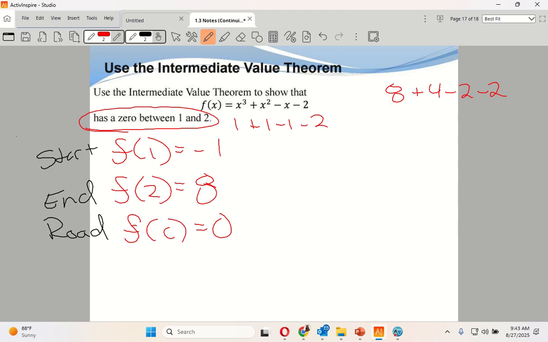So we're looking at the question. We started at negative 1. We ended at 8. Did the chicken cross the road here? Yes, because I started at a negative and ended at a positive, so therefore it must have crossed 0 somewhere in between there. We're asking the question, did the chicken cross the road?